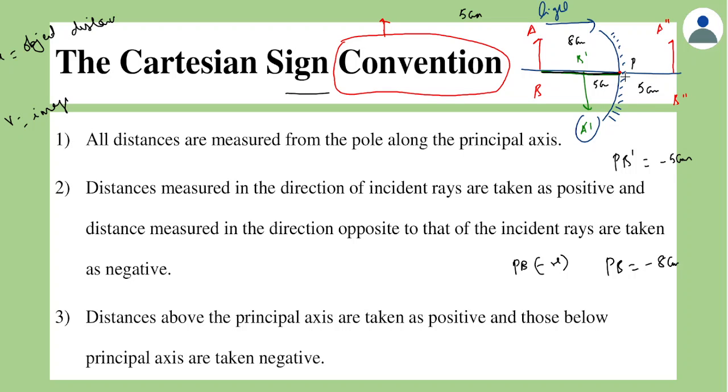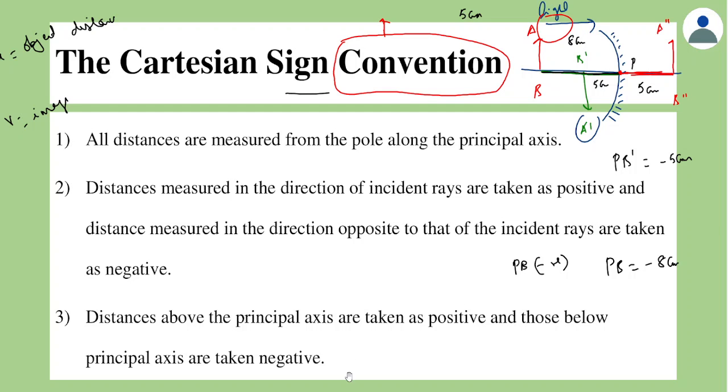Now we look at PB double dash. To find this, we're starting from point P and going towards point B double dash. Do remember, in all the cases we are starting from P because P is the reference point. So in this case we are going with the light. The light doesn't enter here, but still the light direction matters.